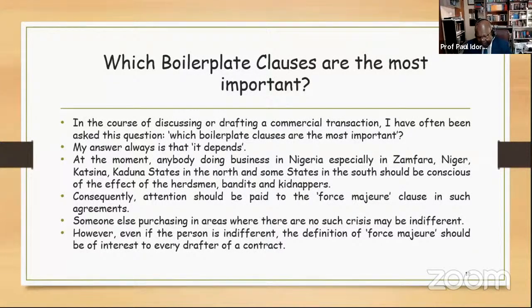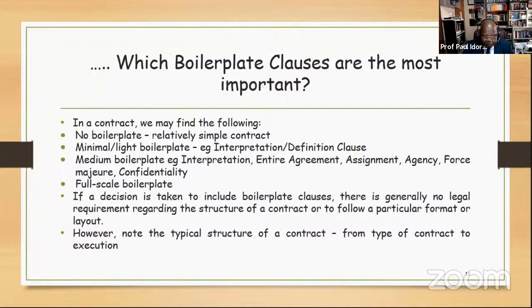As you will see shortly, if you do not provide for force majeure, the contract may be frustrated. The consequences arising from frustration are not the same as those arising from force majeure. So my advice is you should provide for force majeure. Force majeure has its own problems that we will address shortly in this presentation.